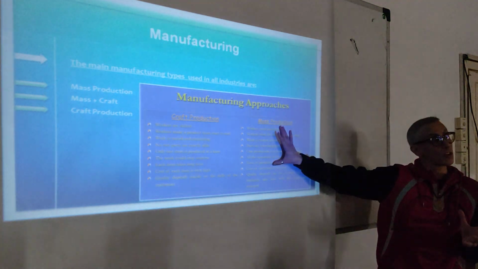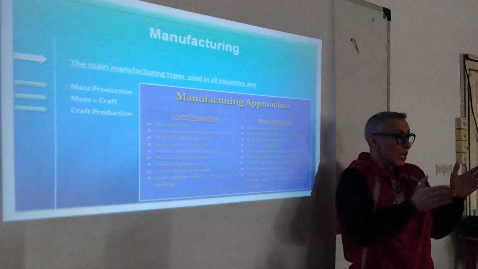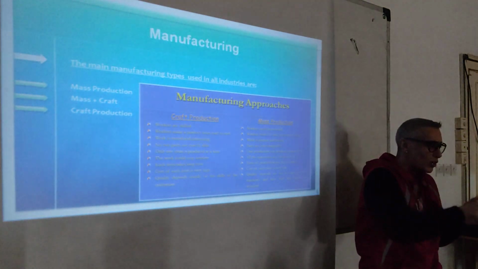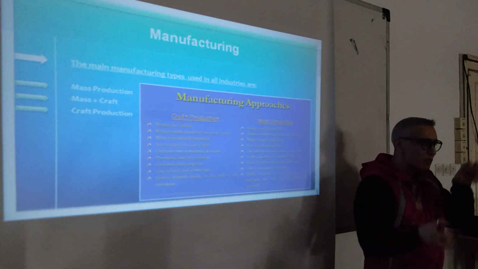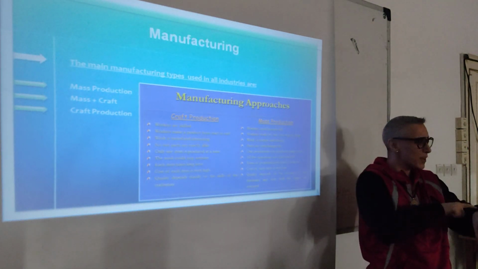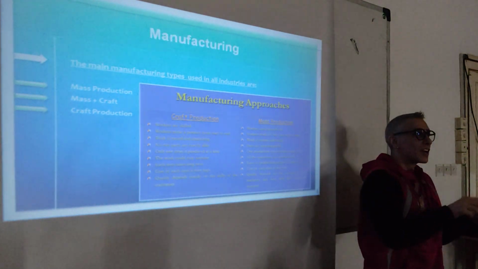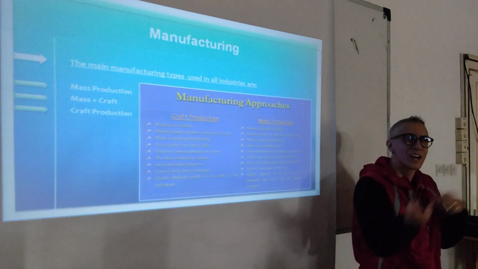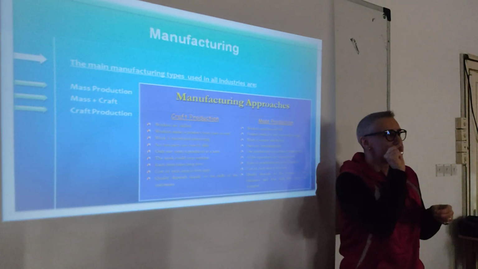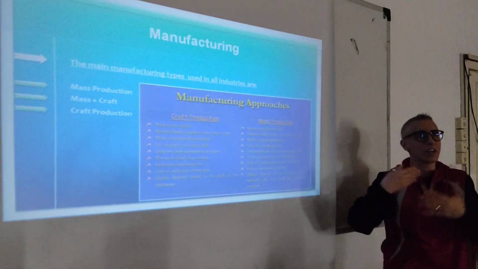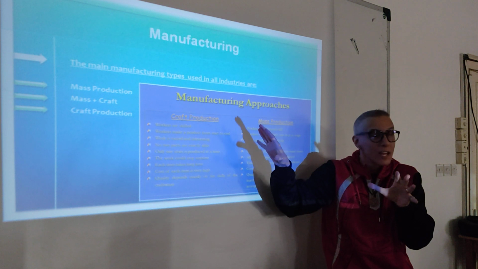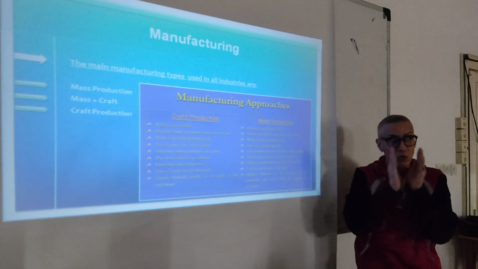In mass production, on the other hand, you will see every person sitting somewhere and doing only one specific movement or two movements all day, from 8 to 5. For example, you move this piece from here, or do some simple things over and over again, the same thing. So here you do more things, and here you do less, but concentrated.